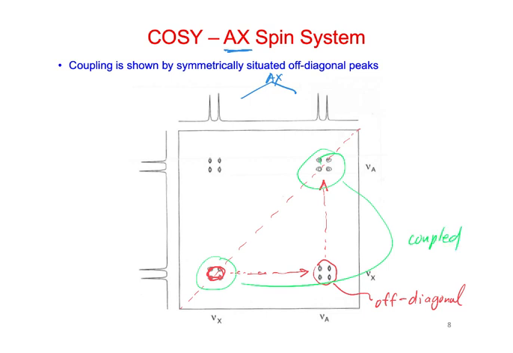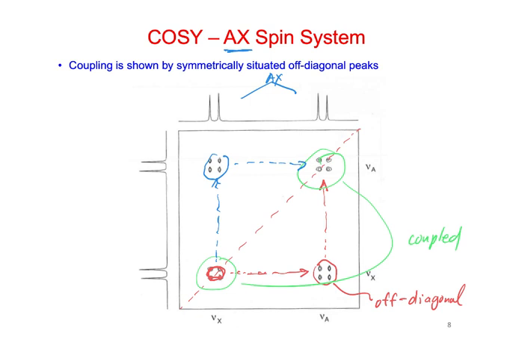We could likewise start at the first peak and go vertically first to hit this off-diagonal, and then go horizontally, and we get the same information.